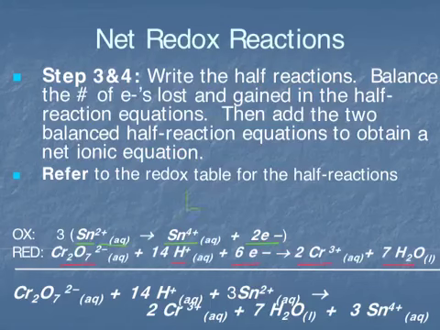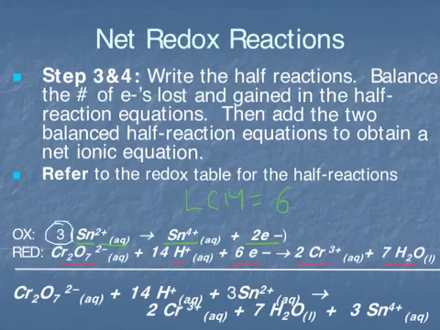So we have to find the lowest common multiple between 2 and 6, and that is 6. That means in this reaction, we need to have 6 electrons that are being oxidized and 6 electrons being transferred in our reduction reaction. That really means we need to multiply our oxidation reaction by 3.